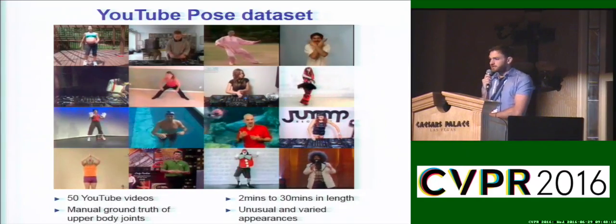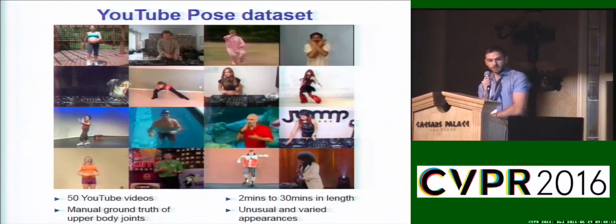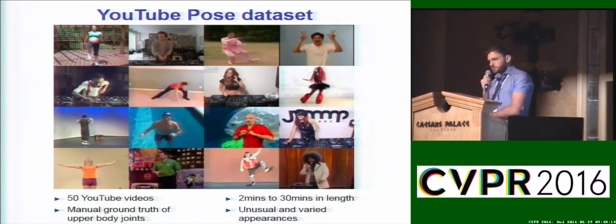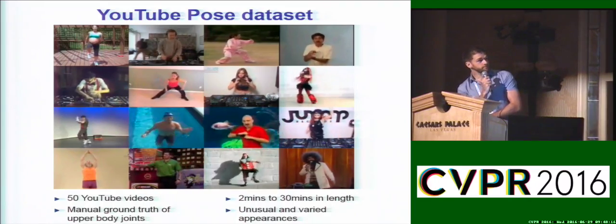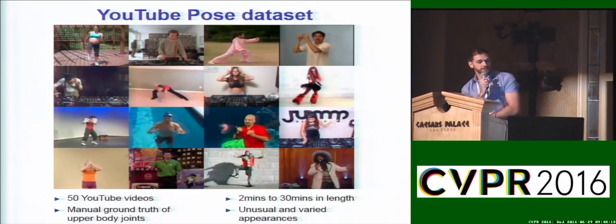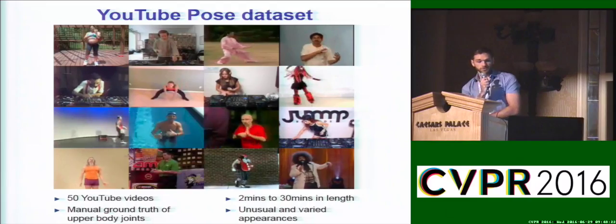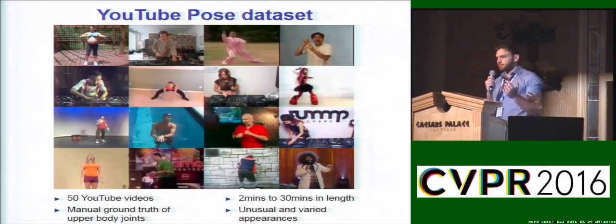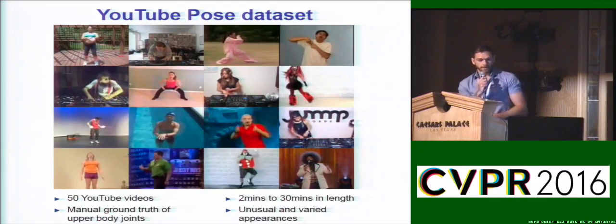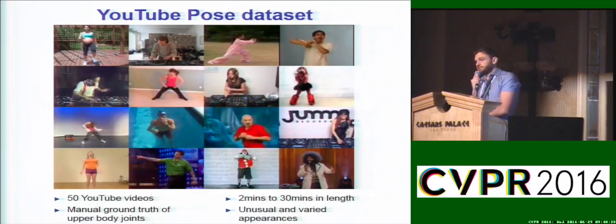In our experiments, we also collect a new video dataset which we are releasing, and this is called the YouTube Pose dataset. This consists of 50 videos that we've downloaded from YouTube. There's a variety of different people. They perform a variety of different activities.